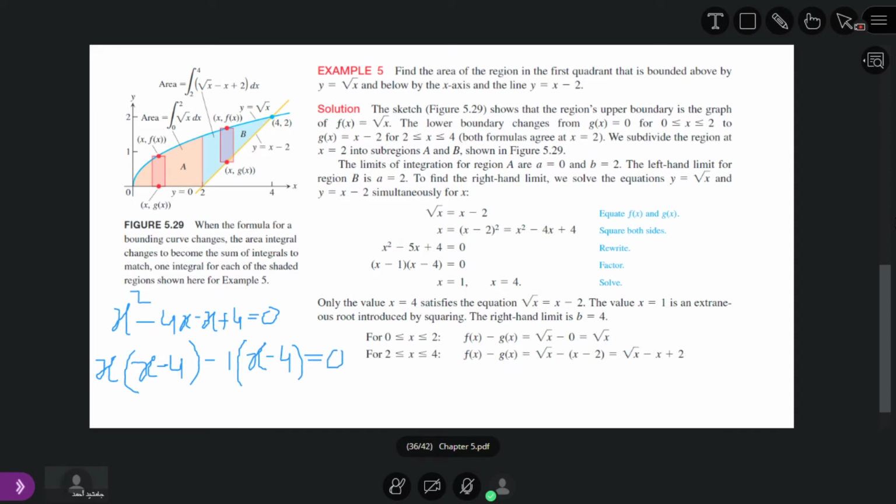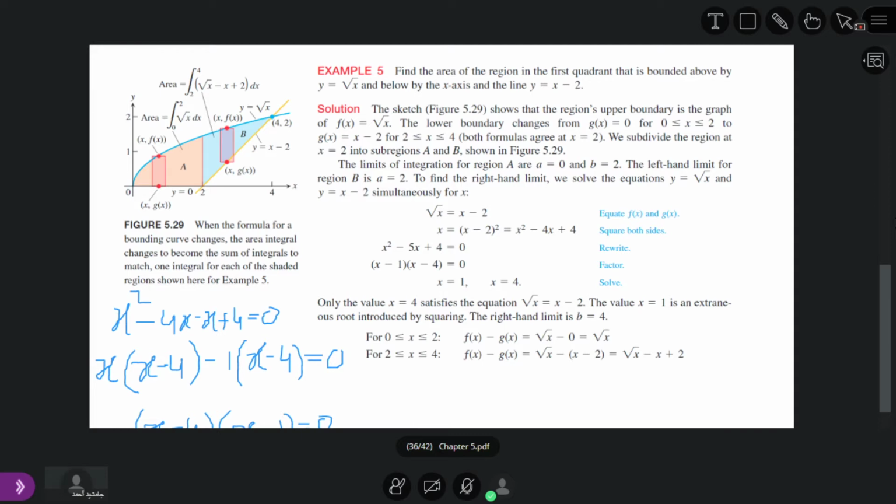So again we take x minus 4 as a common factor. Whenever we take x minus 4 as common, we get x minus 1 and x minus 4. So it is equal to 0. So either x minus 4 is equal to 0 or x minus 1 is equal to 0.